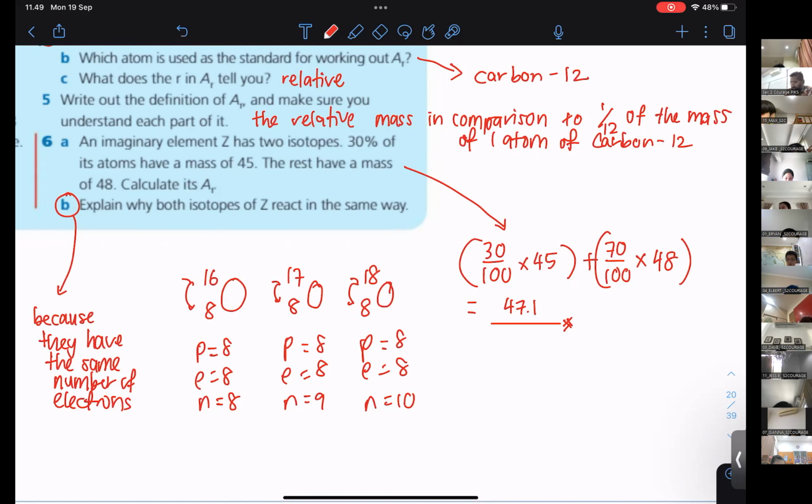It means it's closer to 48 because 70% of it is 48. So it's not going to be in the middle perfectly, like 45 plus 48 divided by 2. We have to follow the percentage.